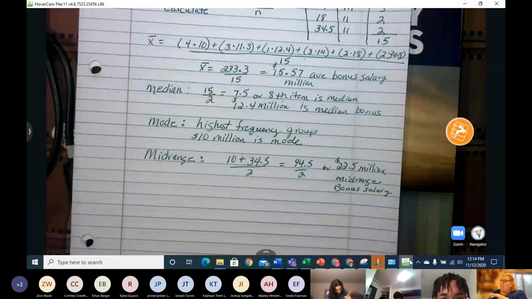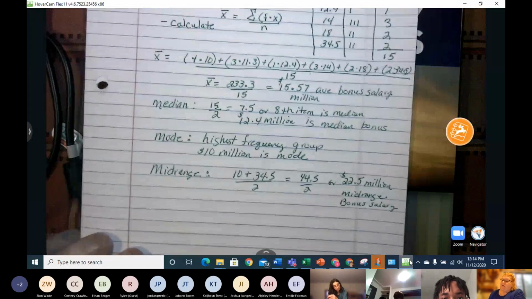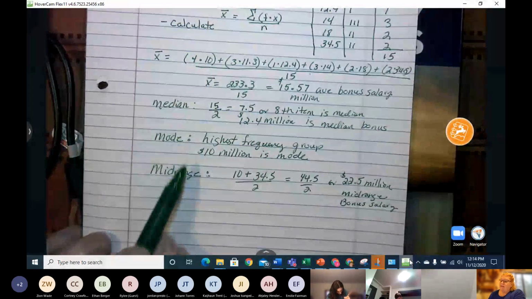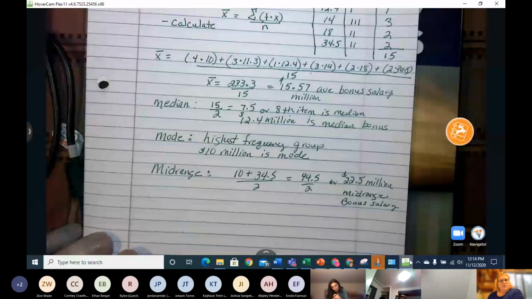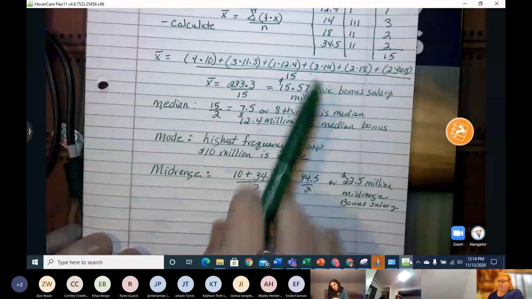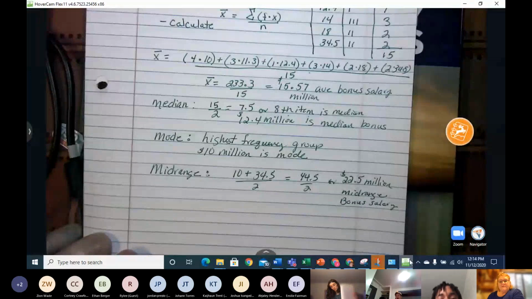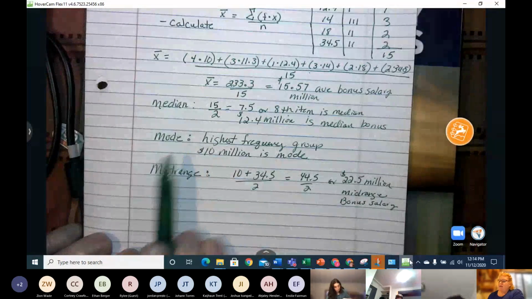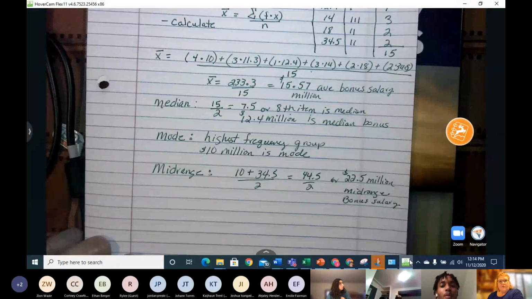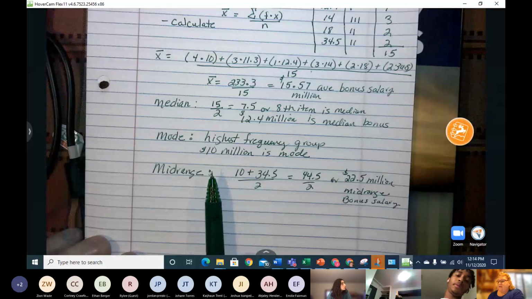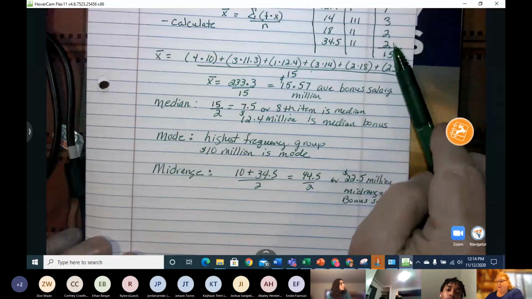So that's how we would calculate each of those values, mean, median, mode, and mid-range, for a grouped set of data. So we have our group and those positions in the chart, and we calculated each of those from that chart. One of the things that confuses people is what to do with the frequencies.